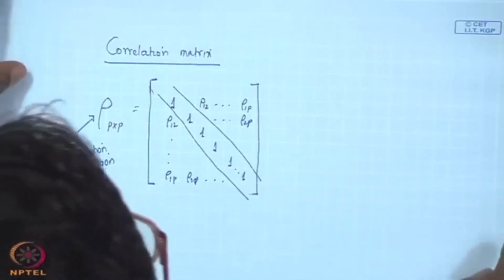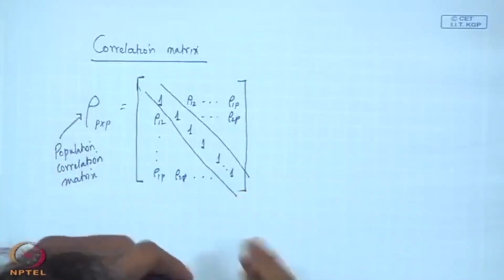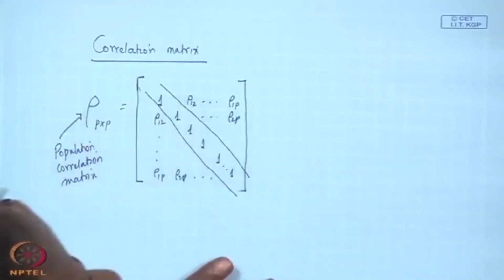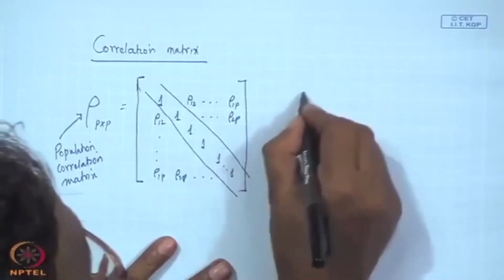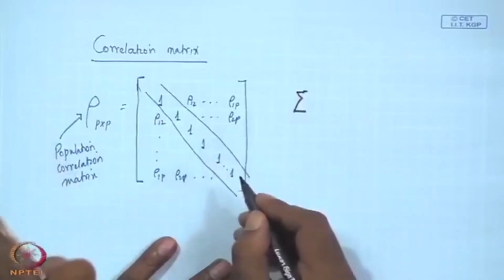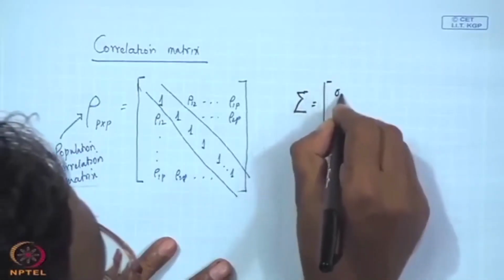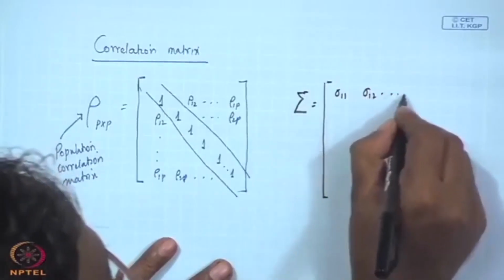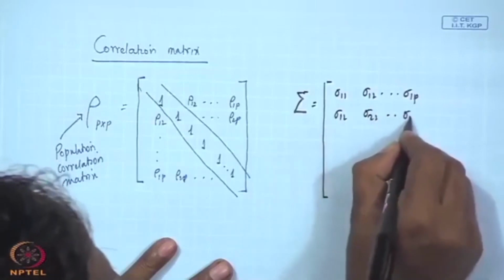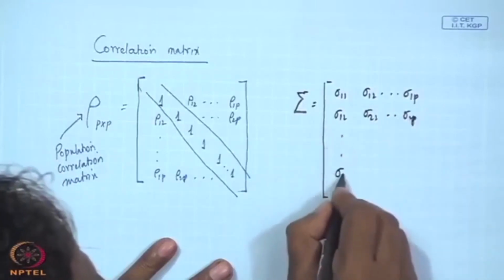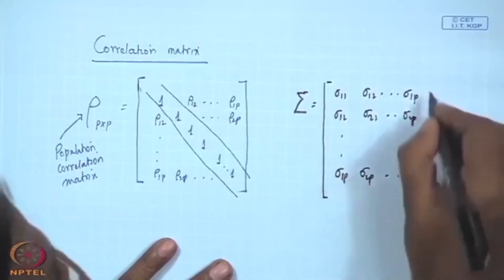Now, if this is the case, can we find out a relationship between rho and sigma? What is sigma? The population covariance matrix, that we have seen: sigma11, sigma12, sigma1p, sigma22, sigma2p, sigmapp.